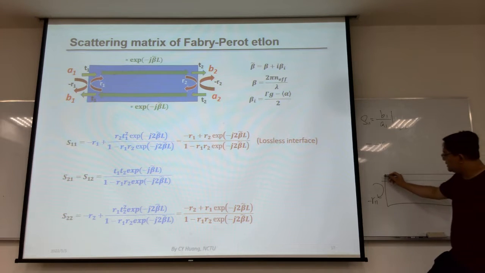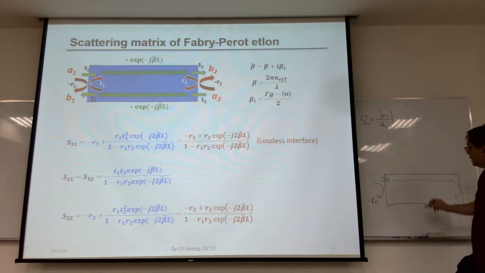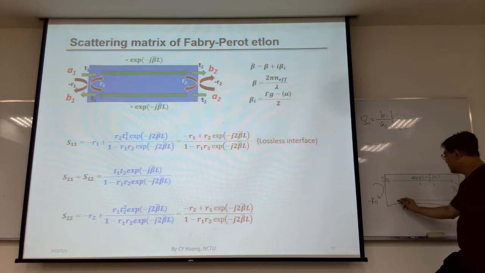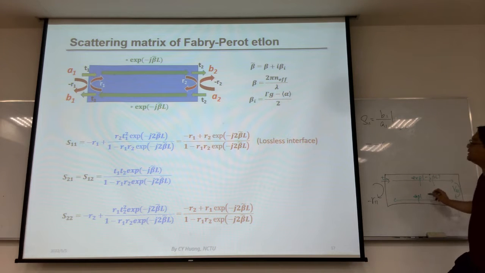So this is T12, exponential minus j beta L, R22, and the exponential is the same for transmission, still minus j beta L.